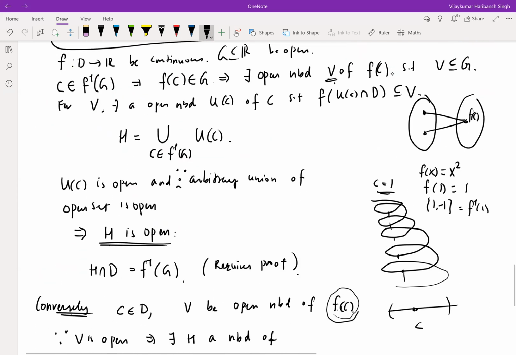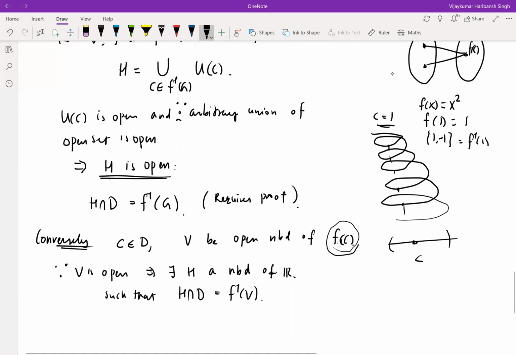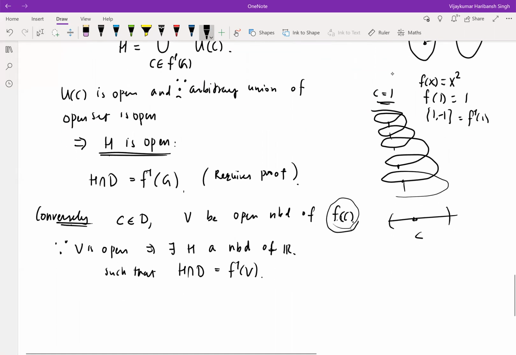So we can say that there exists H, an open neighborhood in R such that H intersection D equals f inverse of V. Now what we still want to show is that f is continuous. Now note the following: f of C is an element of V.